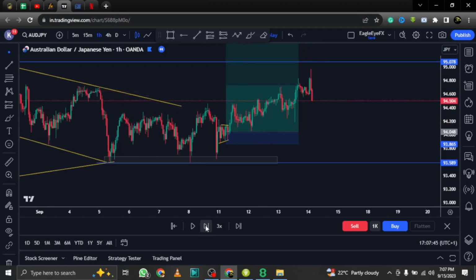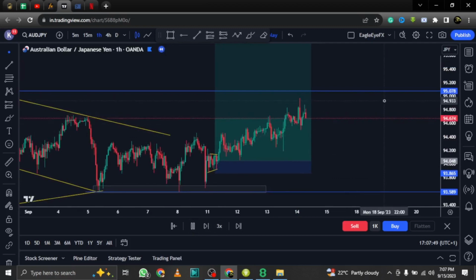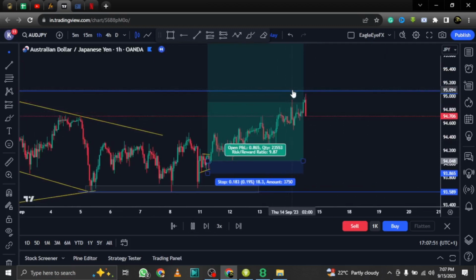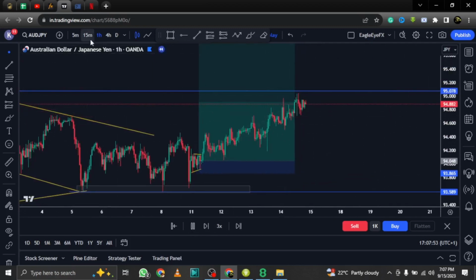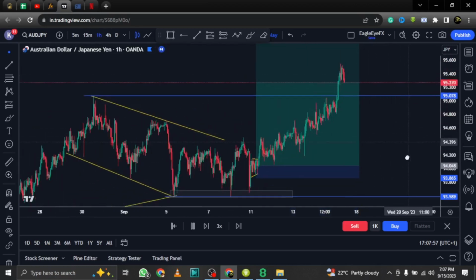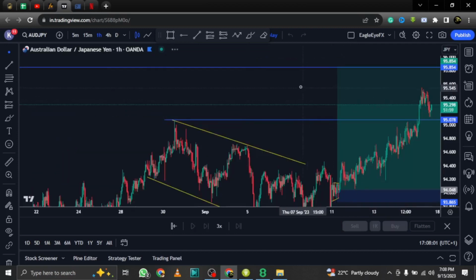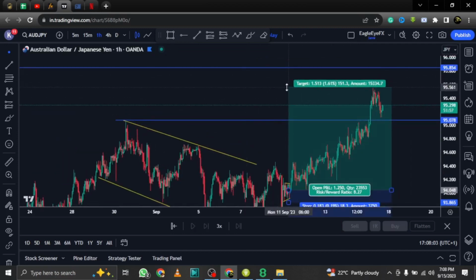Then the market ends up playing out. You can see that it actually hit our 5%, though it was really consolidating. It went all the way to around there, though it has not completed the 9%, but you can see it played out around 8.21.